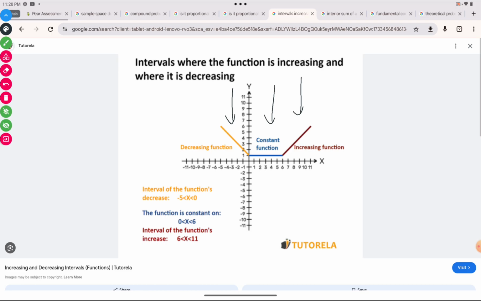The other thing to understand with intervals is the notation that is involved. So if you look at the notation for, say, decreasing, as you can see, it starts decreasing at -5 and it stops decreasing at 0.